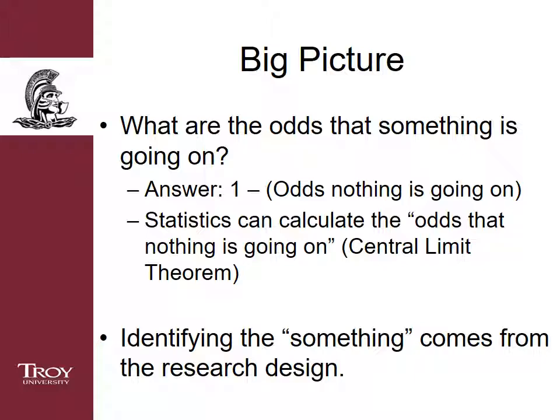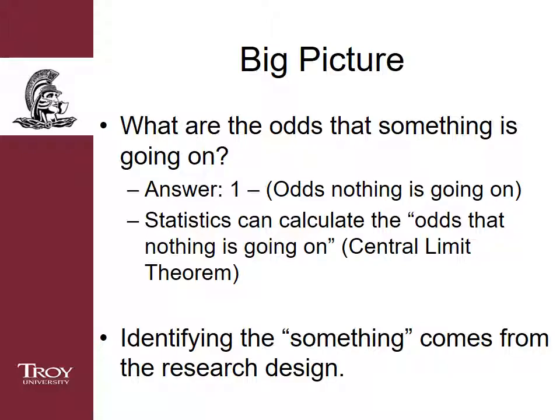And so statistics is very often about just saying, hey, what are the odds that this could just be randomness? And when we find that the odds are low, then we tend to think, well, no, the separation of the beans into the men and the women is in some way related, and something is going on. And what's going on? Well, that usually comes from the research design.